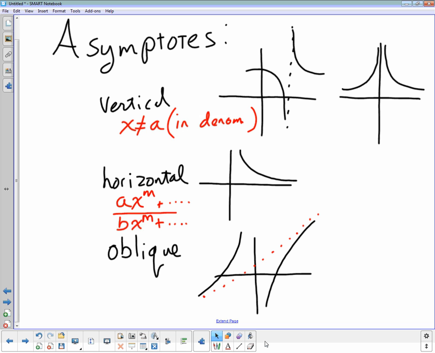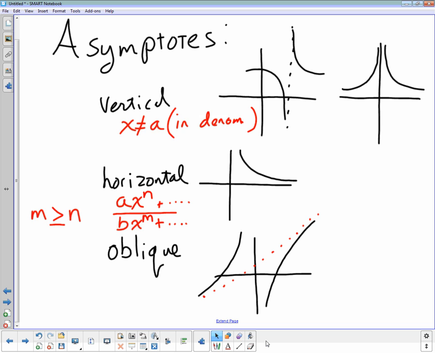Or, actually, the denominator could be bigger. So let's change this. Make this n, where m is greater than or equal to n. So if you were looking at a polynomial divided by a polynomial, my denominator is bigger, meaning that it has a bigger exponent.